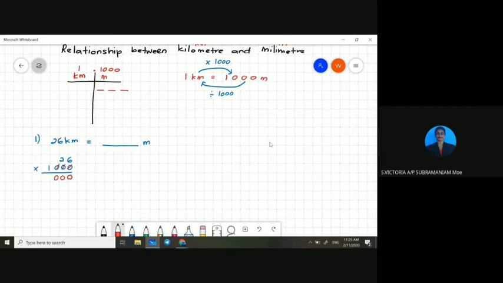And then 6 times 1 is 6, 2 times 1 is 2. So your answer will become 26,000 meters. If you do this question in T method, you write 26 in kilometer, and there is no number in meter, then you fill in the zeros. You will get the same answer when using T method also.